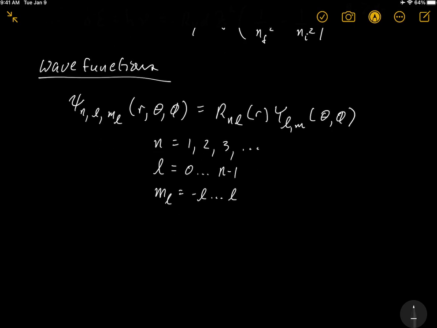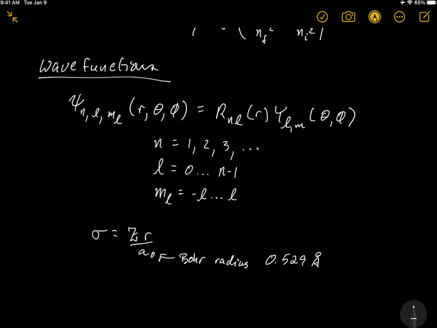Now, before I write expressions for the radial part of the wave functions, let's define a dimensionless radius. We'll call it sigma, where we take ZR and divide it by A0, where A0 is the Bohr radius, which we defined previously, and it's related to a bunch of constants, and it is 0.529 angstroms.